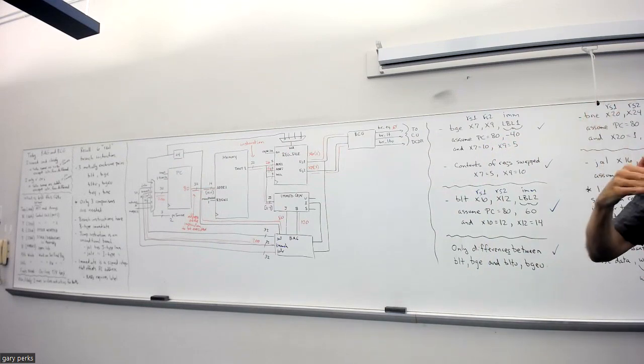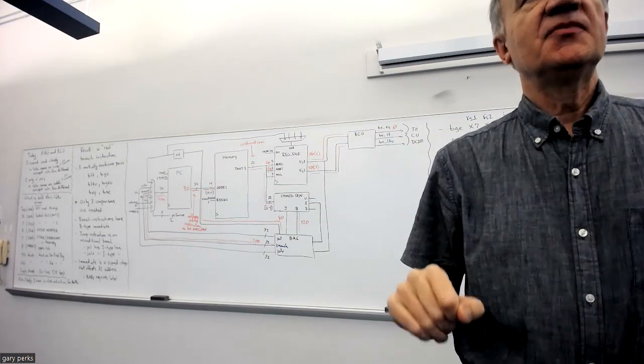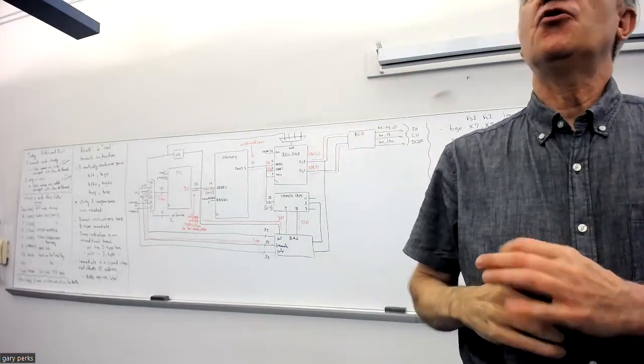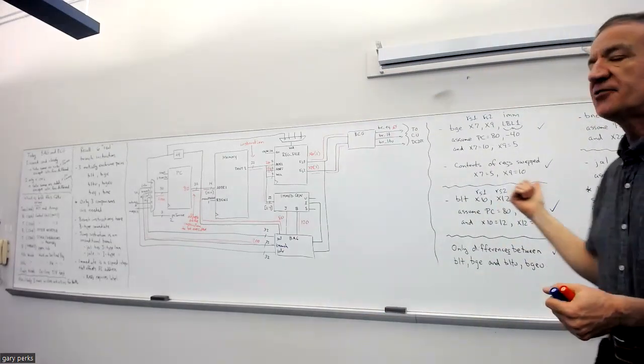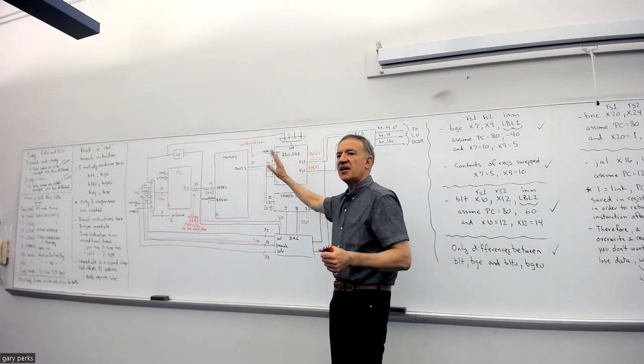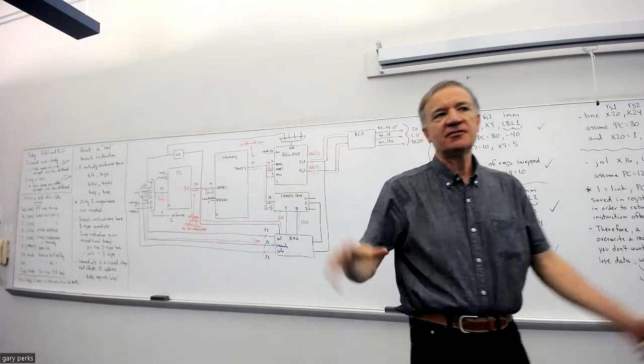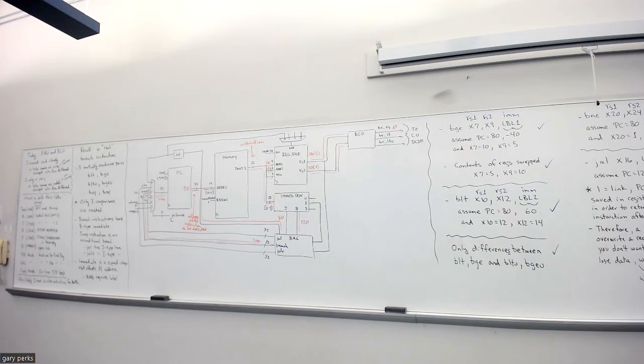Because we're saving that address, PC+4, it's possible that you could overwrite data that you don't want to overwrite. It's going to save it in the reg file, where we save all our data. If there's something in that register that you need for something else, it's lost, because once it writes that address to that register, you've lost the previous data. So this is just something you have to be concerned about.